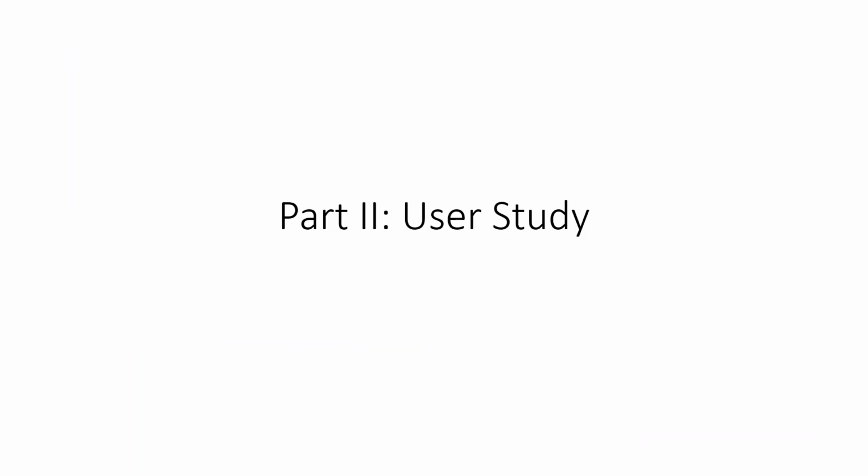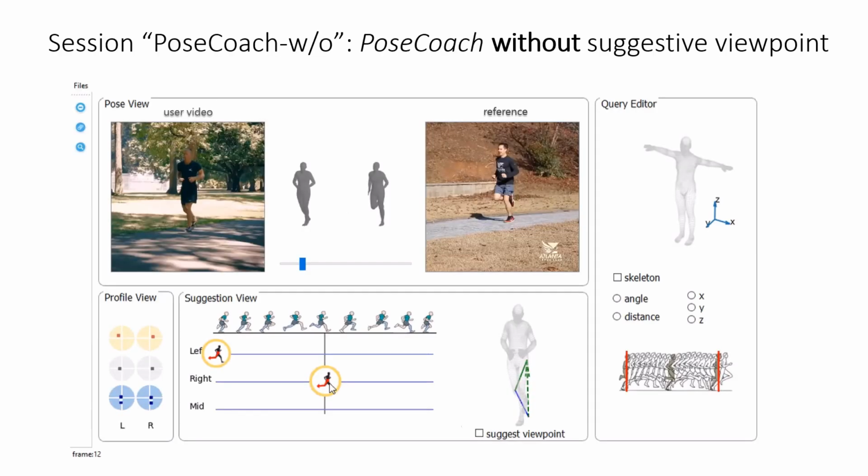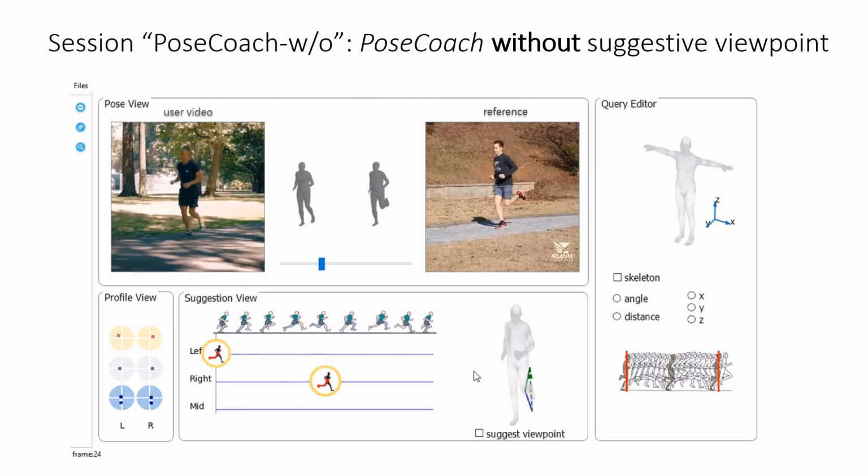In the following part, we demonstrate the 3 sessions in our comparative user study. In session PoseCoach without, the suggestive viewpoint is disabled. The participants manually adjusted the viewpoint to preview the pose differences.